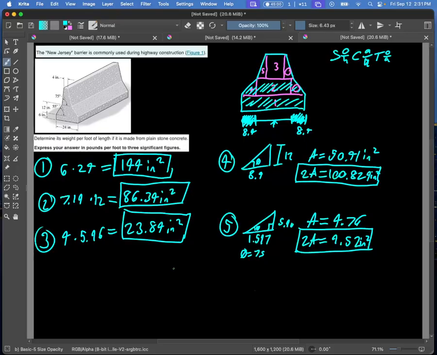Okay, now what do we have to do to get the total area?